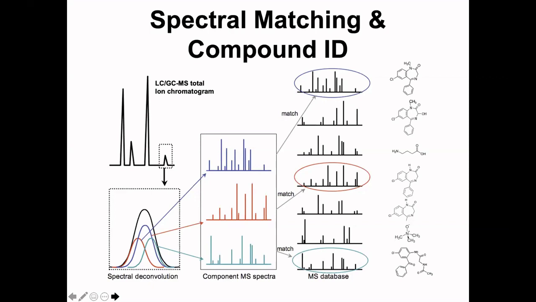And typically a single peak will have 2, 3, or even a dozen different compounds under it. The only way you can identify those unique compounds is by separating them by mass to charge or retention time, or their fragment ion spectra. And what we're seeing here is some fragment ion spectra for the different molecules hidden under that peak, and we compare them to databases.